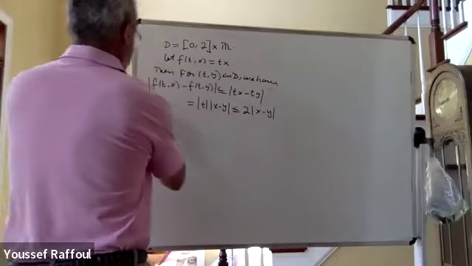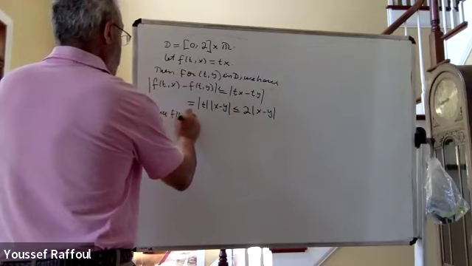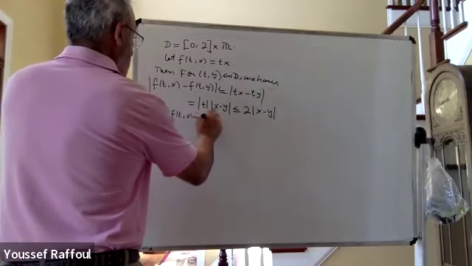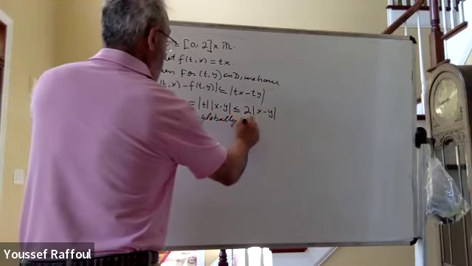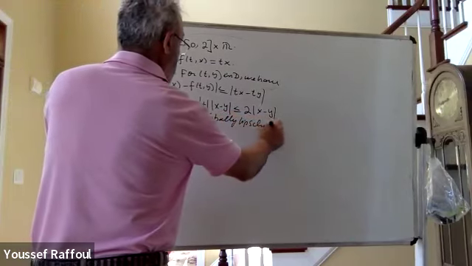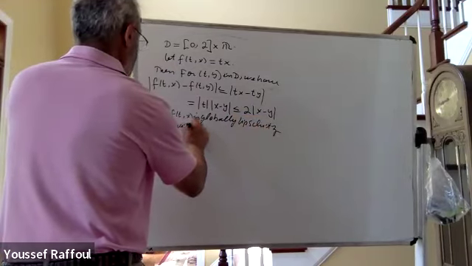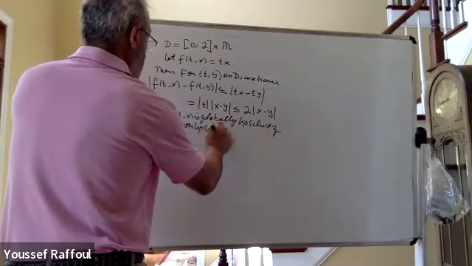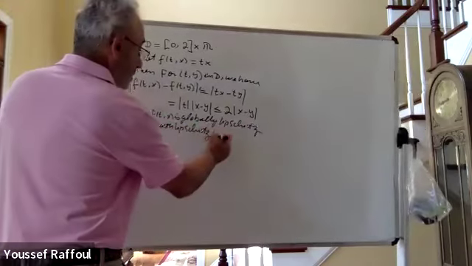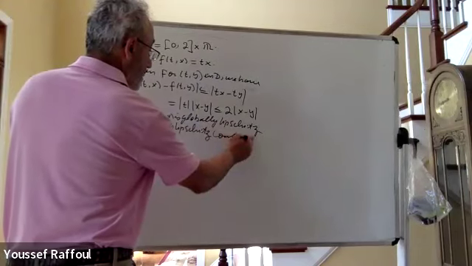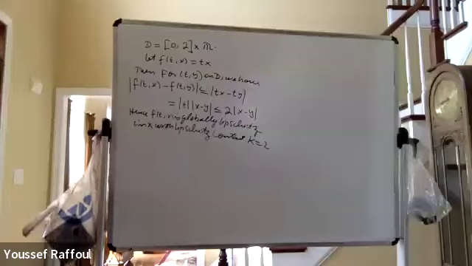So this is Lipschitz. Hence f of t,x is globally Lipschitz in x with Lipschitz constant k equal to 2. Okay?